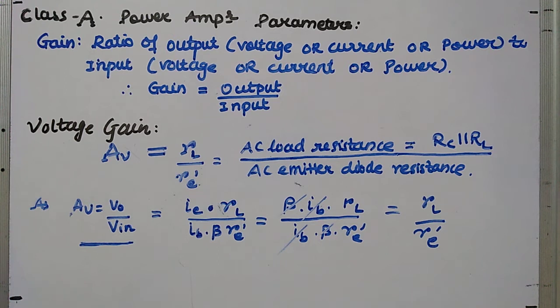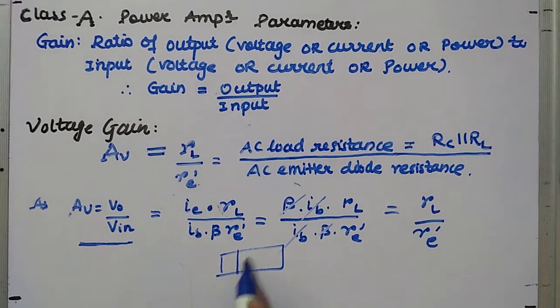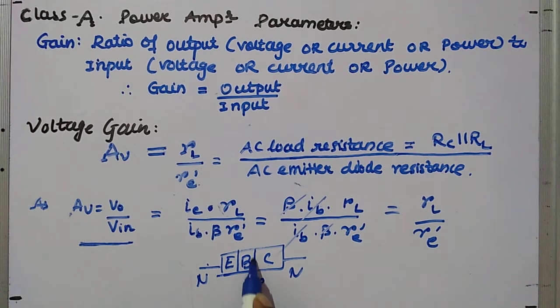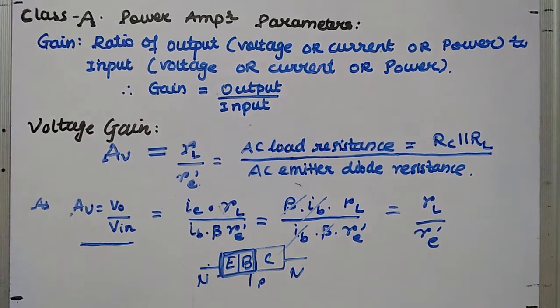Emitter diode resistance means the base to emitter junction, whatever you are forming in the NPN or PNP transistor, that junction is similar to that of a diode. Diagrammatically, it is an NPN transistor with emitter, base and collector, and this is the emitter diode.